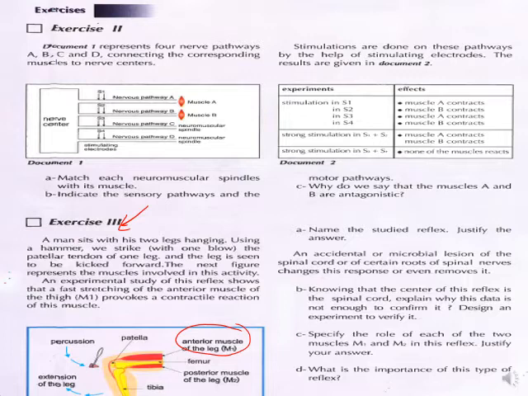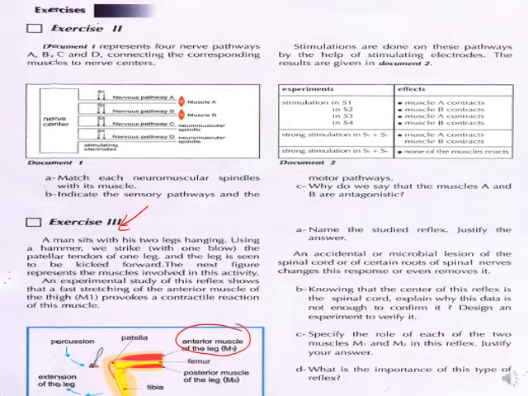So this data is not enough to confirm it. So you have to build an experiment where the spinal cord is isolated, removed, or disconnected, let's say, from the brain. If there is no response detected, then the spinal cord will be the center of this reflex. Part C.